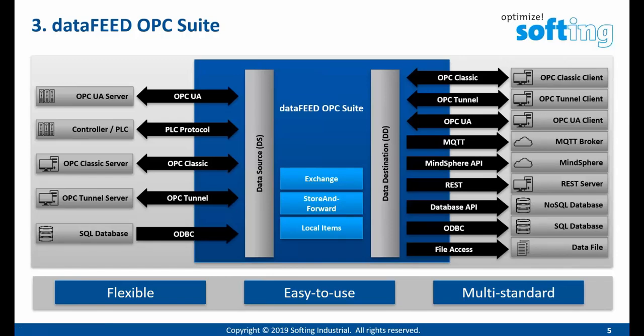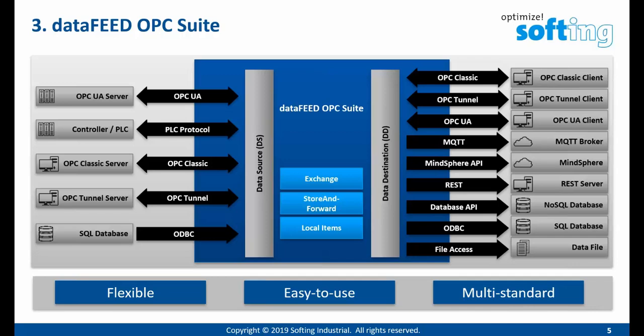These are the data sources where we can collect data from. For instance, we can collect data from an OPC UA server. We can collect data from PLCs from different vendors, Siemens, Rockwell, Phoenix Contact, everything is possible here. We can also read data from a SQL database or grab data from an OPC Classic server.